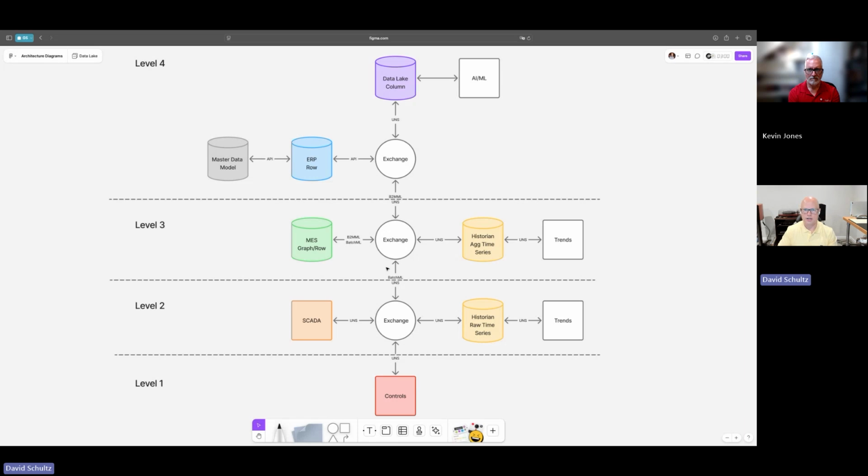Once we start contextualizing that information, we can put it into a data lake. It is meant to be unstructured data in its raw form, and that's where you can start doing a lot of your AI and your ML because you're looking for patterns of data that exist within a time domain. That's exactly what's coming all the way from your plant floor: your TVQs, your time, your values, and your quality.